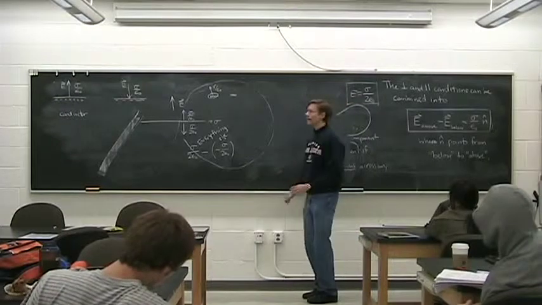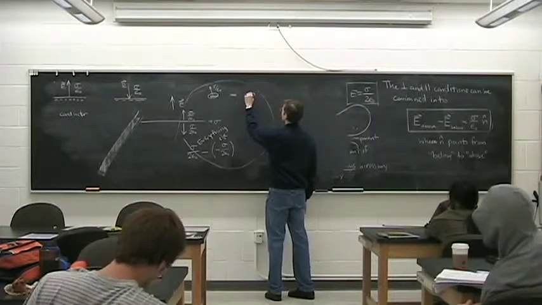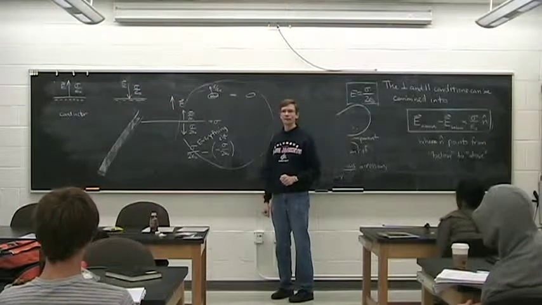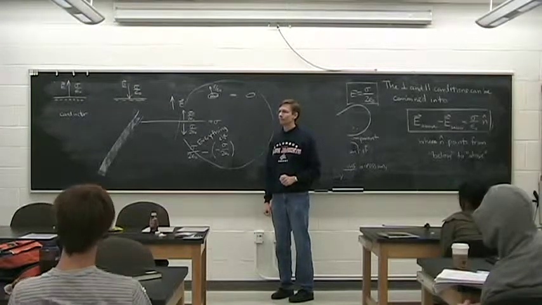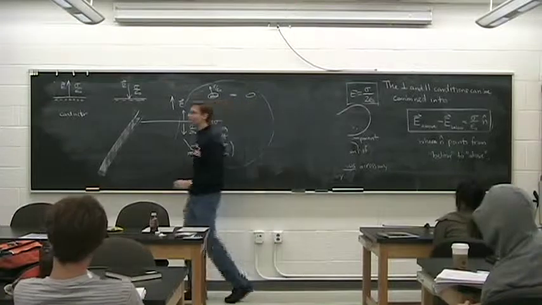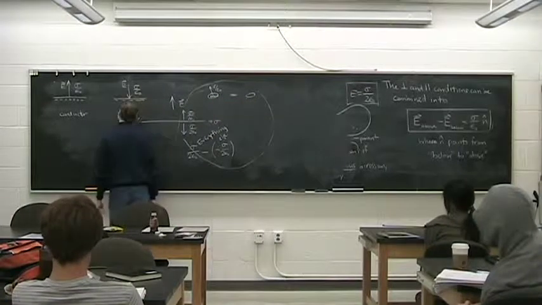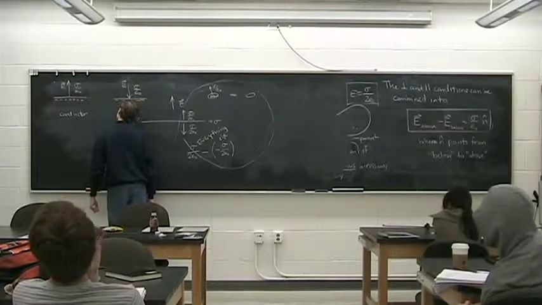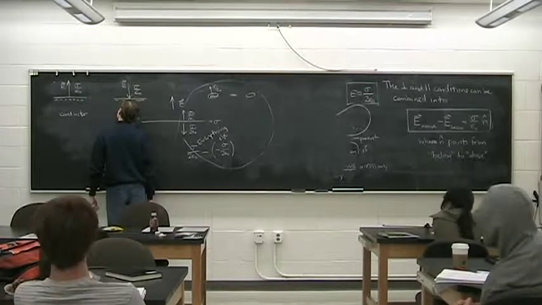Well, the patch by itself should give what for the electric field just above and just below it? If the patch looks like an infinite plane, if I get close enough to it, just as this blackboard looks like an infinite blackboard to me.